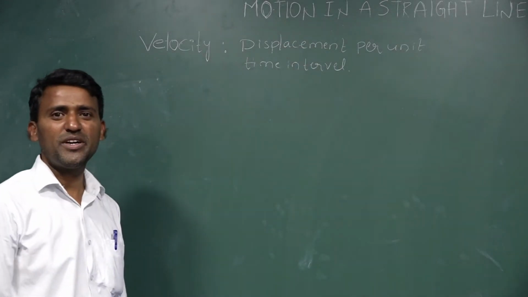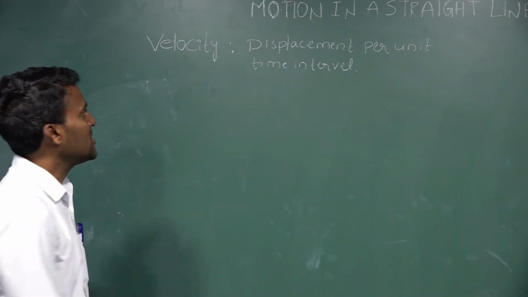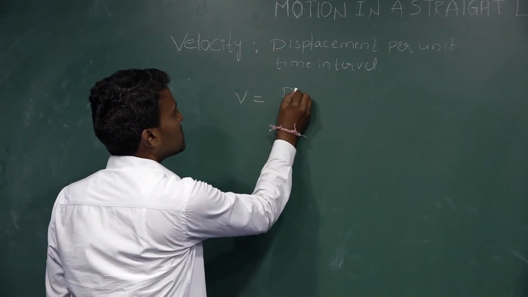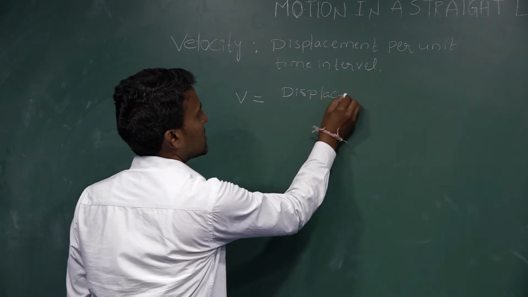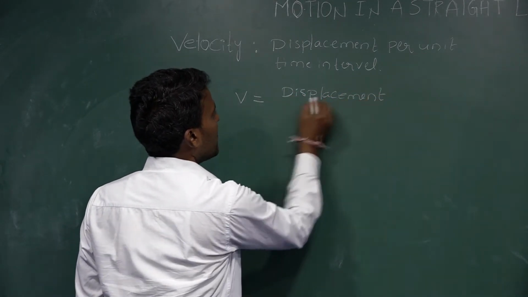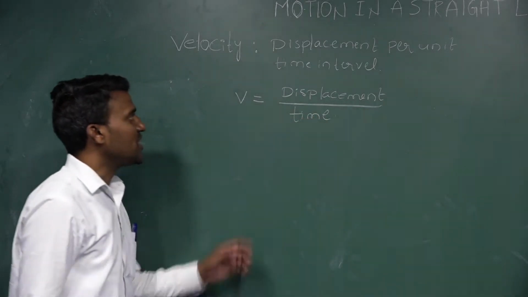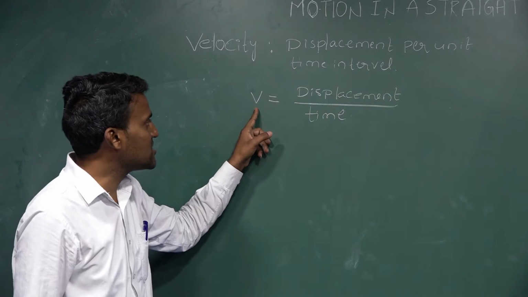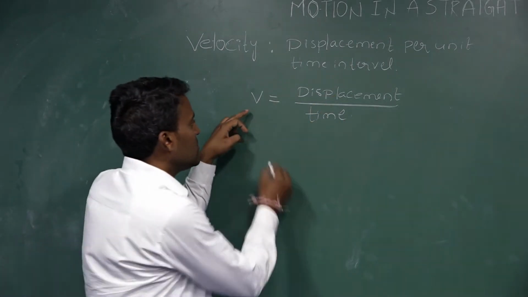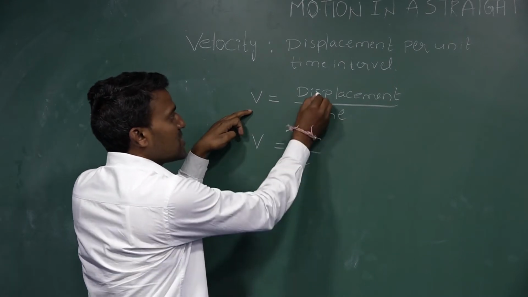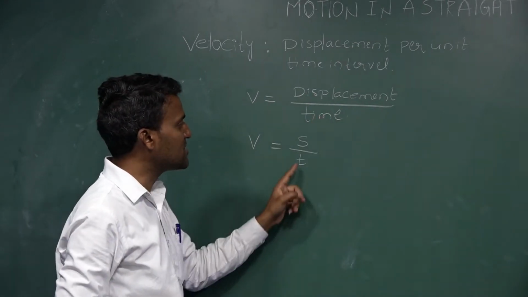We can write this equation also: V is equal to displacement by time. Here V is velocity, and we can write S divided by time. S is the displacement, and time is T.